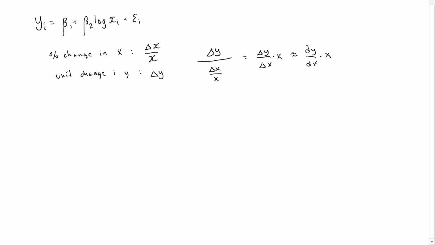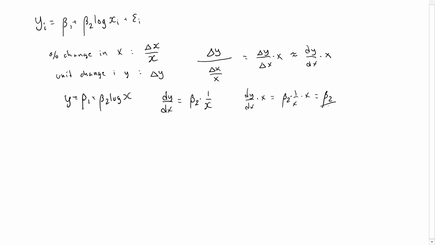That's in generic notation. If we calculate dy dx when y is just beta 1 plus beta 2 log of x, then we see that dy dx is beta 2 over x, since the derivative of log x is 1 over x. So when we do dy dx times x, we get beta 2 times 1 over x times x, which is indeed beta 2.